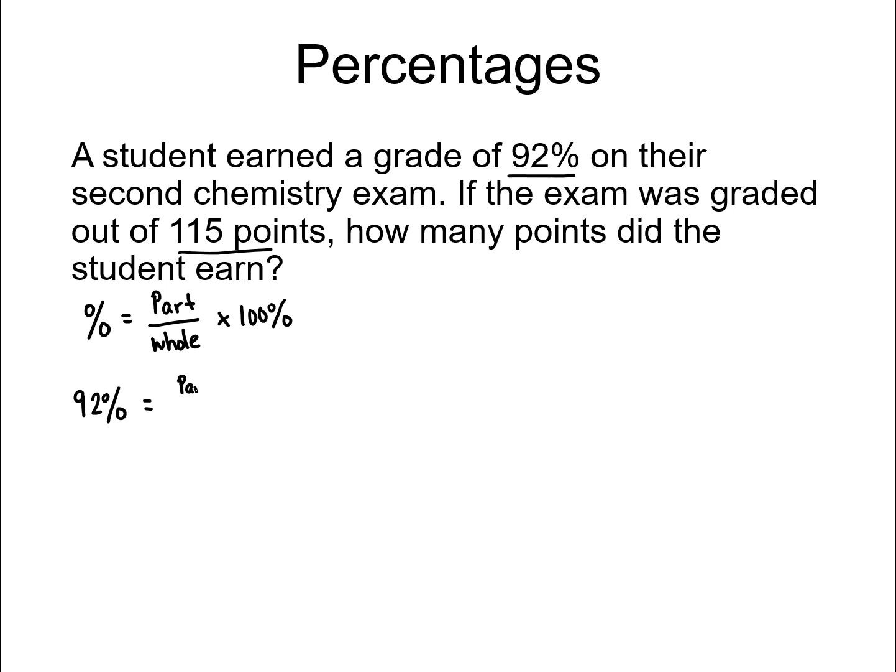We don't know how many points that equals, but we know that it's graded out of 115 points. And that you always multiply that by 100%. I want you to take 2 minutes and solve this equation to figure out the part. How many points did the student earn?